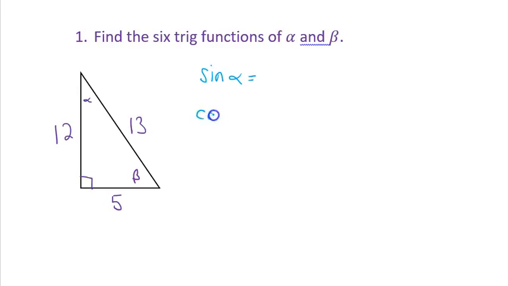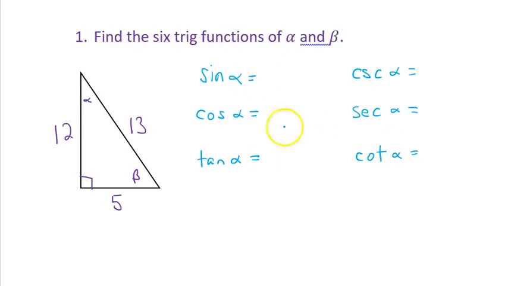So sine alpha, cosine alpha, and tangent alpha. And then I'm going to make sure I pair the C and the S, so cosecant alpha, secant alpha, and cotangent alpha.